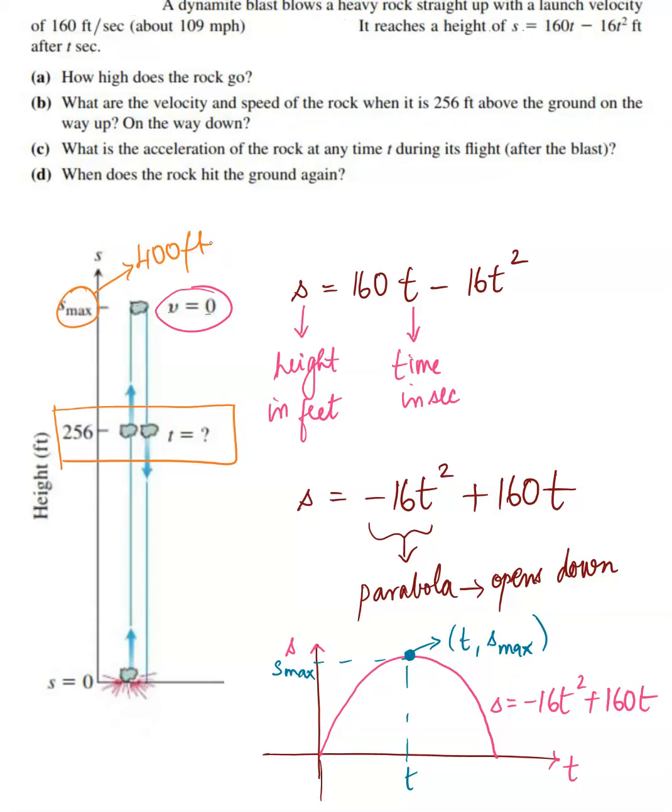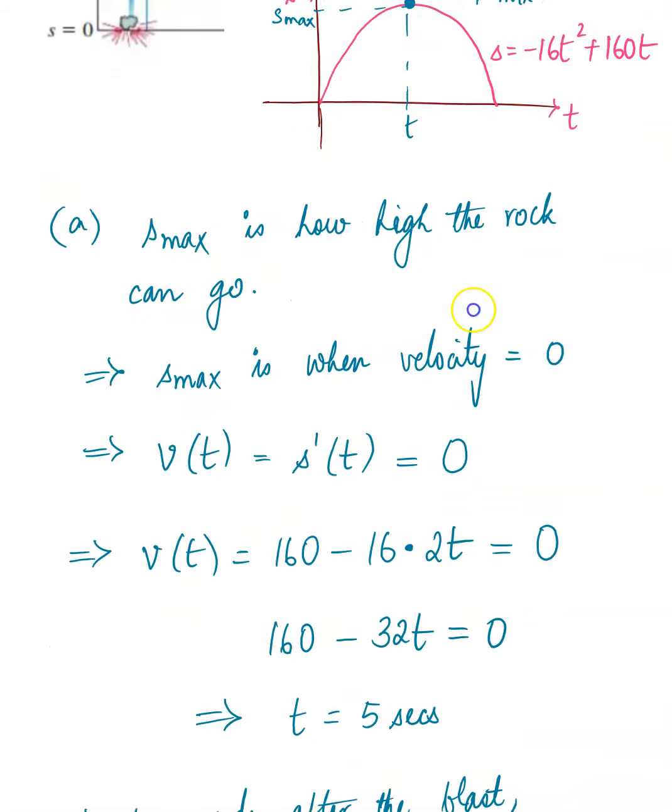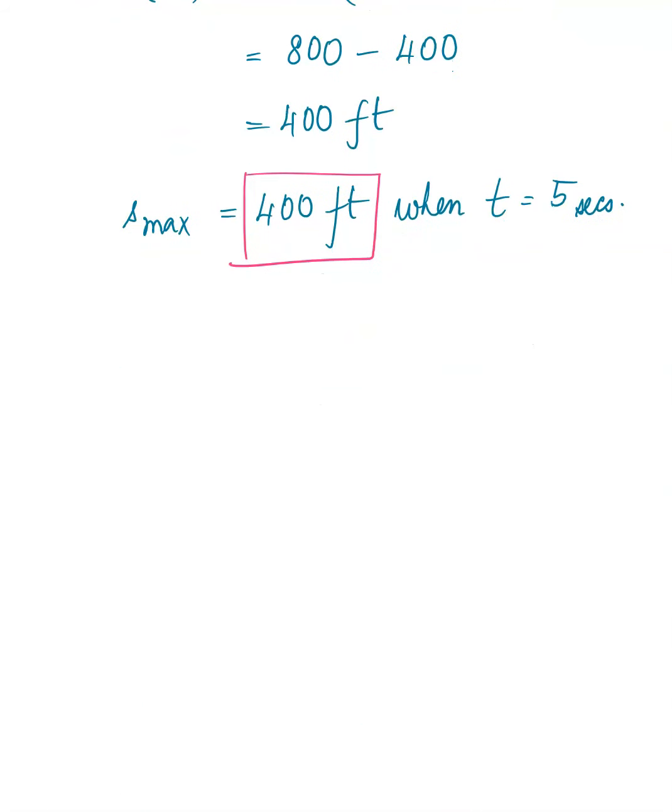So you will cross 256 feet on the way up to 400. So the rock crosses 256 feet on the way up and on the way down. They're asking us to find the velocity and the speed of the rock at that particular height. So let's come down here and respond to B.